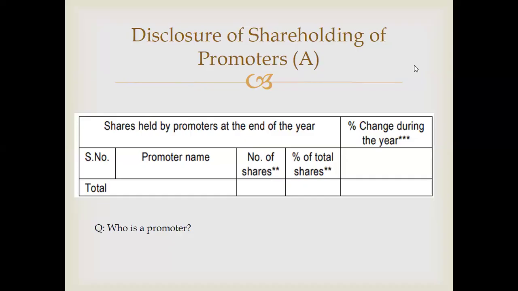Similarly, if I calculate the shareholding of the Bajaj family in Bajaj, any guess how much shares they have? The total shareholding of Bajaj is cumulative. Why am I saying the word cumulative?